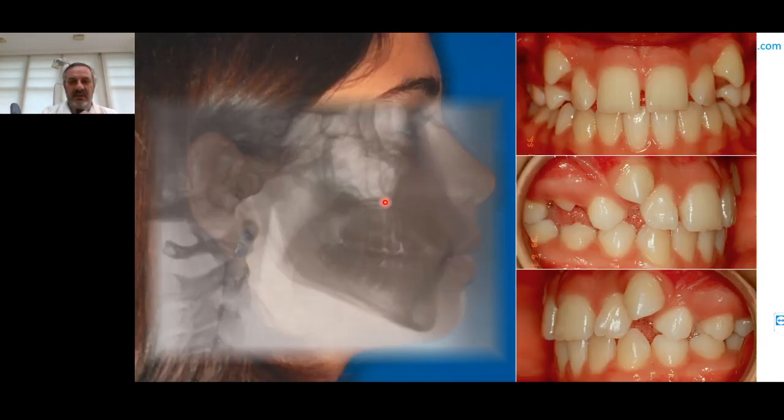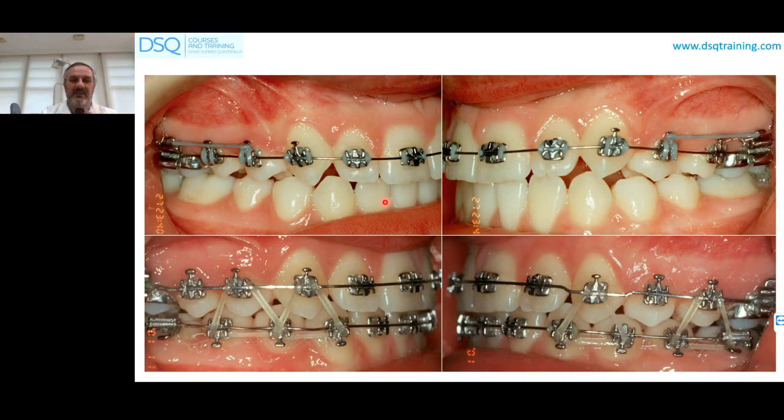This is a patient many years ago, crowding, a very simple case. The first step, distalize the molars with a pendulum, to control the molars and change the upper molar from class 2 to close to class 3.